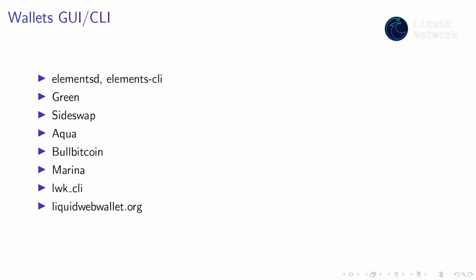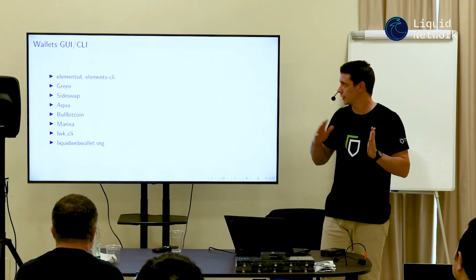So while it's good for some cases, for other use cases, it might not be the best tool. Then we have Blockstream Green, which is this one. Blockstream Green has support for a variety of backends.